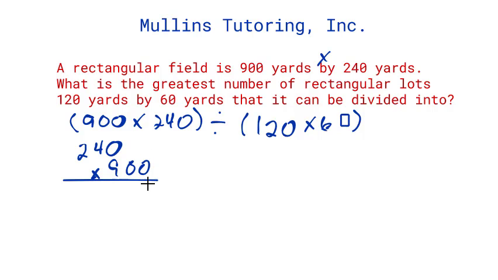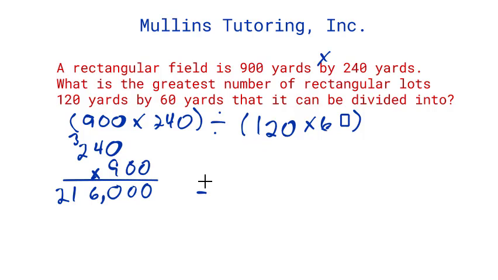I see I have 2 zeros here, so I'm going to put 0, 0, because 0 times 240 is 0, 0 times 240 is 0, 9 times 0 is 0. 9 times 4 is 36. Bring the 3 up. 9 times 2 is 18, plus 3 is 21. So I have 216,000 square yards.